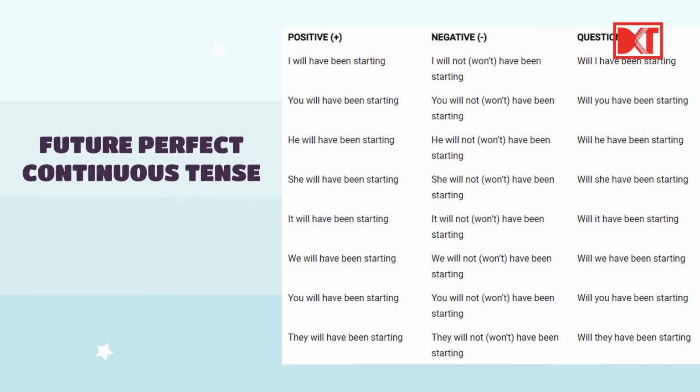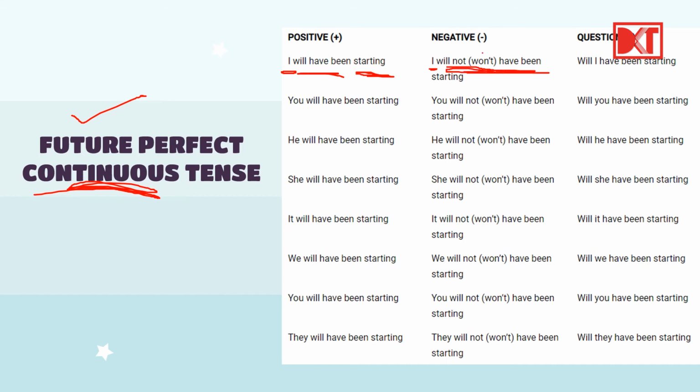Okay, so this one is future perfect continuous, our last form of tense. Here positive, negative and questions. How is this formed? Subject plus will have been plus the verb ing. Why ing? Because it is the continuous form, right? So then for negative, subject plus will not have been, which means won't have been.